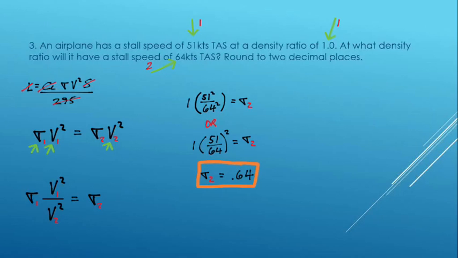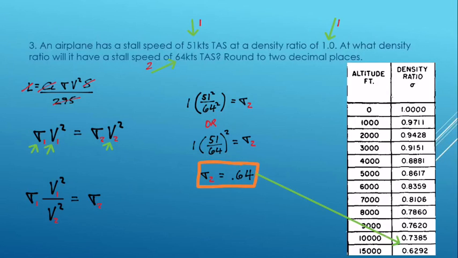And we wind up with a density ratio of 0.64. And what altitude would that be? Well, looking at a basic standard atmosphere chart, we see that density ratio falls someplace between 10 and 15,000 feet.